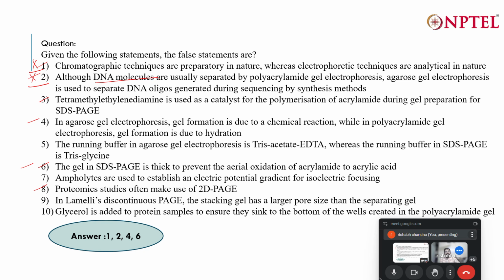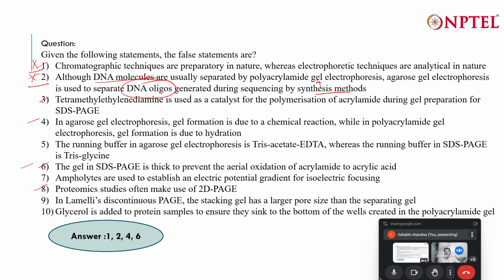But if we are doing DNA sequencing using DNA oligos, that is the sequencing by synthesis method, in that case PAGE is generally preferred because of its high sensitivity towards separation. It can easily separate the smallest difference in the molecular weight. So the second option is also false.